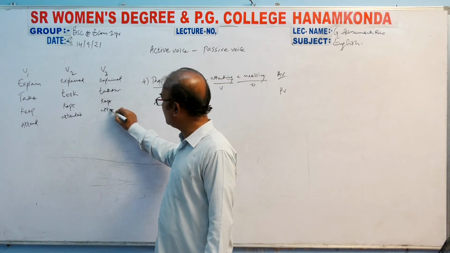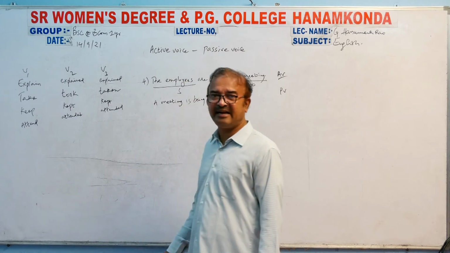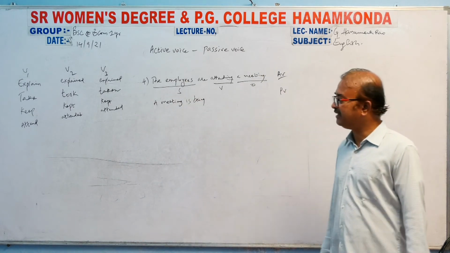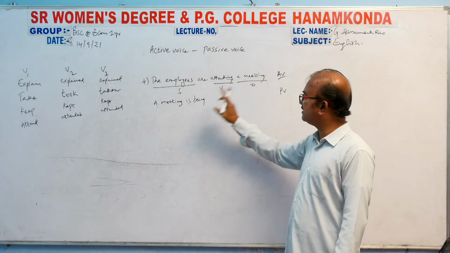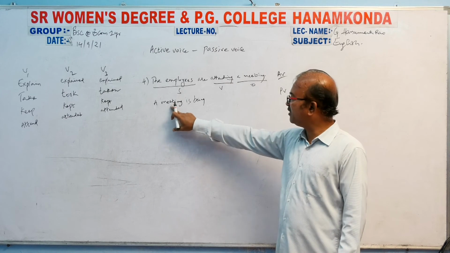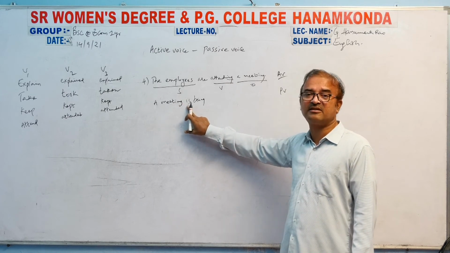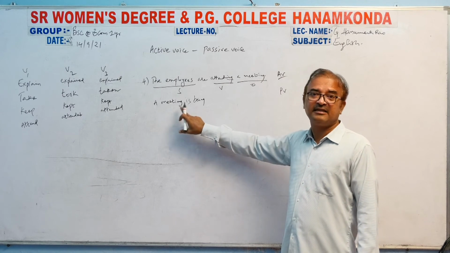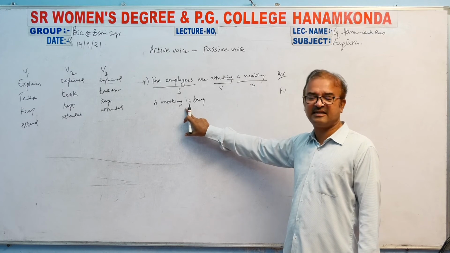Then attended. So we brought this a meeting here. Because this a meeting is singular, what did we use? We used IS, because in present tense, singulars are followed by IS.